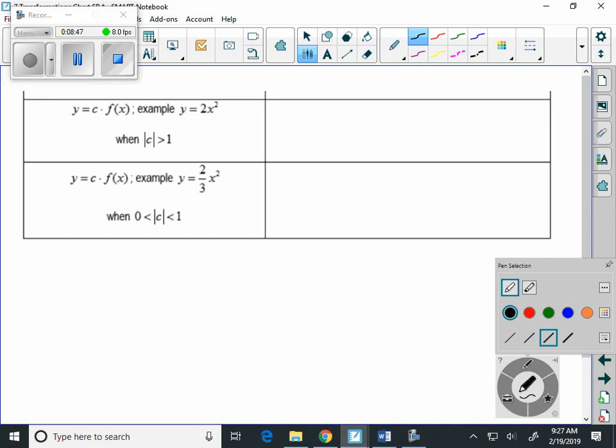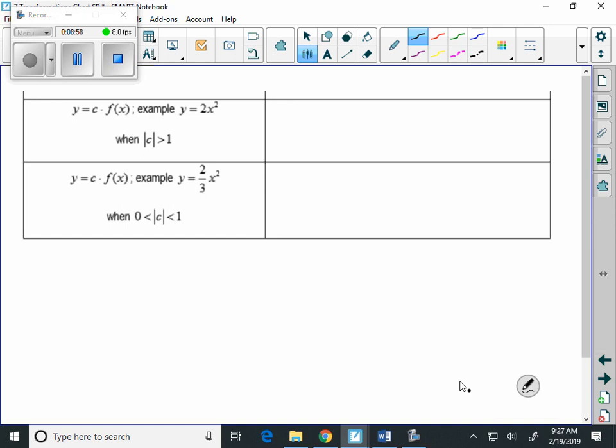Which are here. Same thing that we just had on our notes, but hopefully this paper is an all-in-one guide for you. Again, when c is in front of the function, this means that we have a vertical stretch.